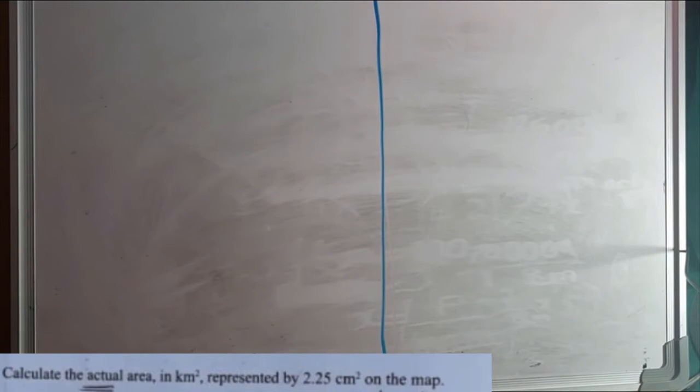So we want the actual area in kilometers squared, represented by 2.25 cm squared on the map.